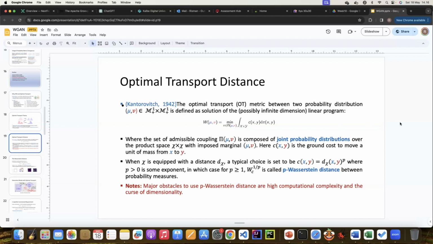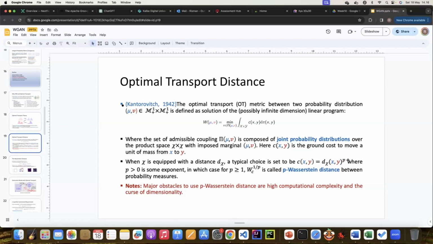Okay, so based on Kantorovich's definition of optimal transport, we can deduce the p-Wasserstein distance. If the unit cost is C x y, this is the unit cost of moving one unit of mass from mu to nu, it can be described as a distance function d with order p.